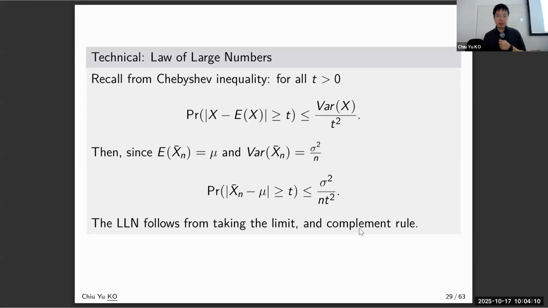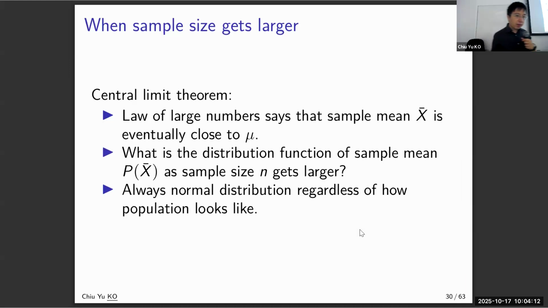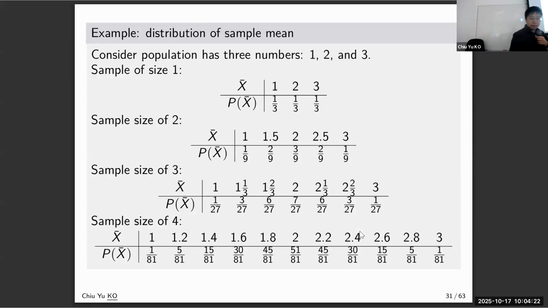And the other one we said is the central limit theorem, which says that it eventually becomes a bell curve. What you would get is like this. Look at X bar.